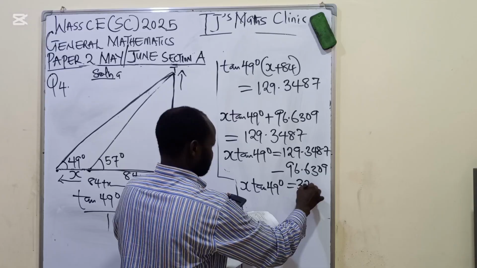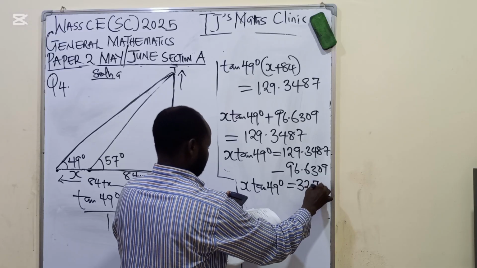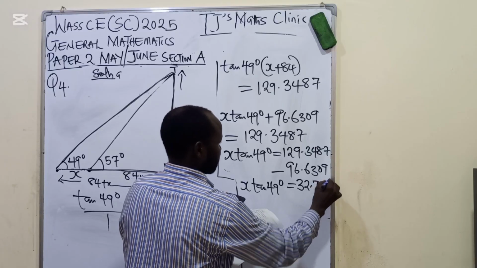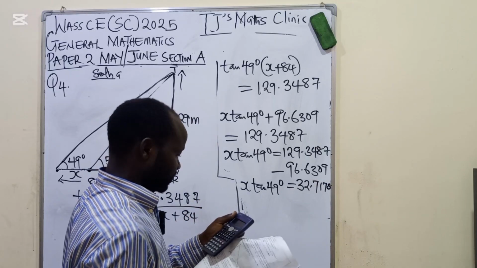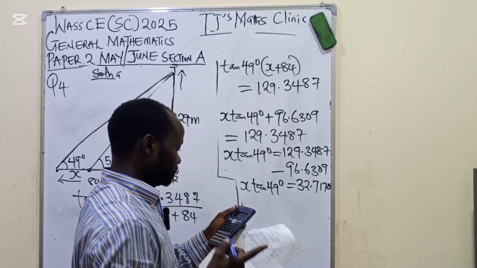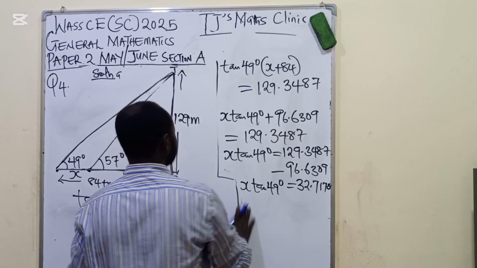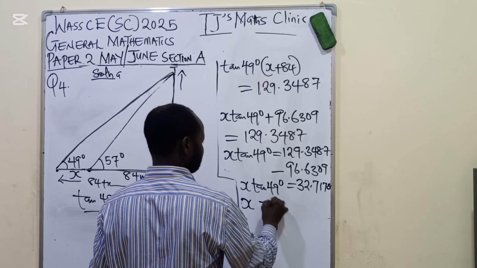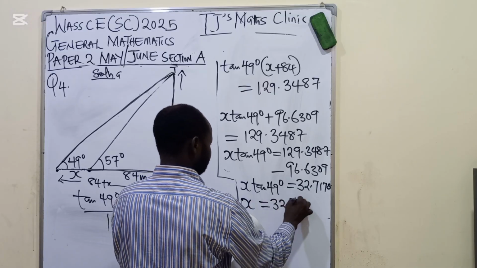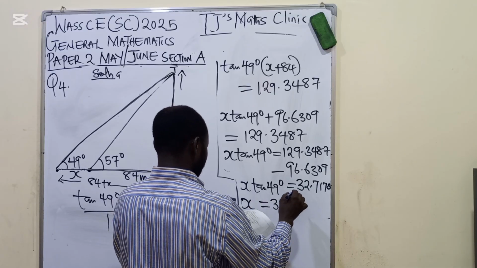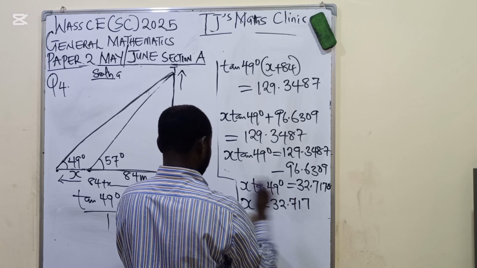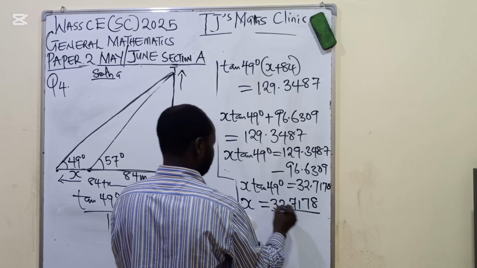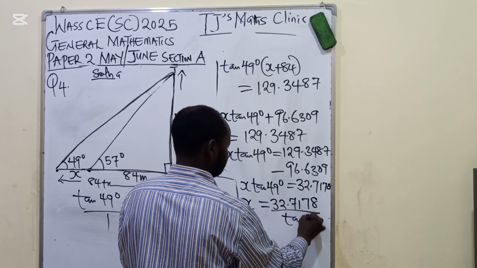We have 32.7178 approximately. Our aim is to find x, so x now will be equal to 32.7178 divided by tan 49 degrees.